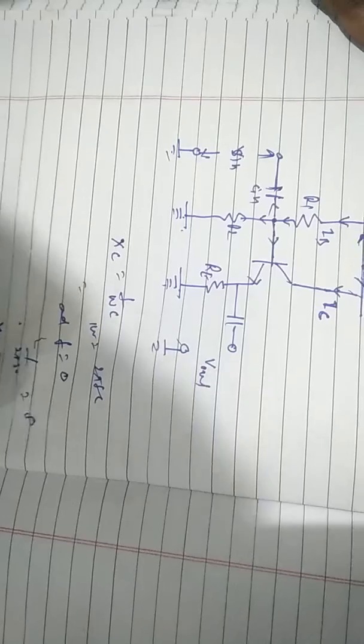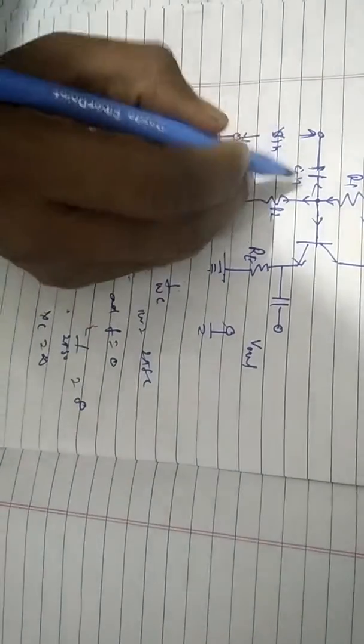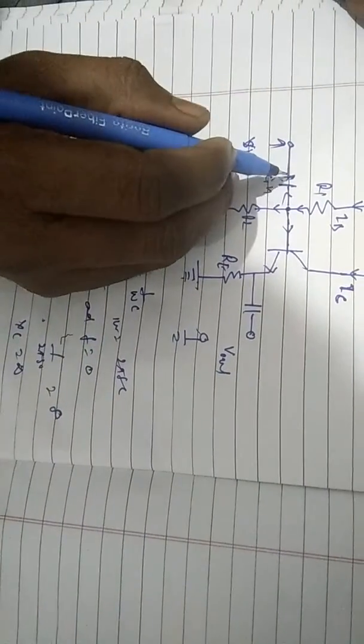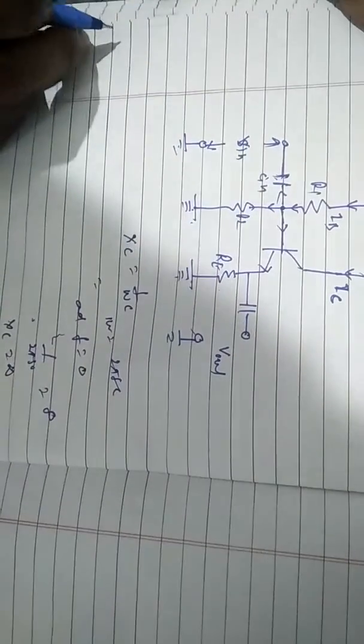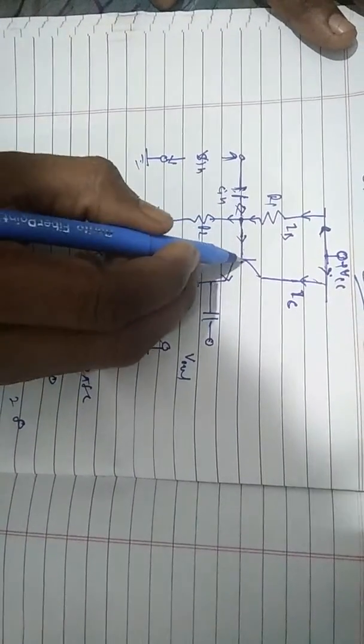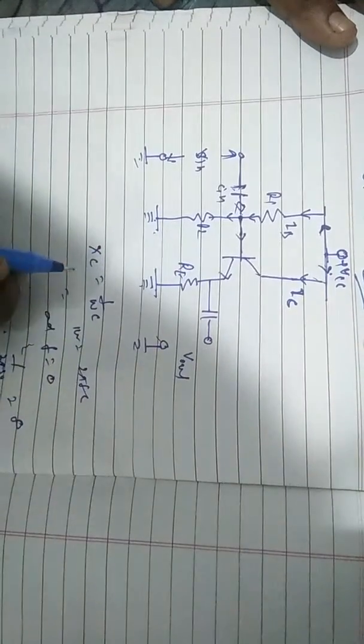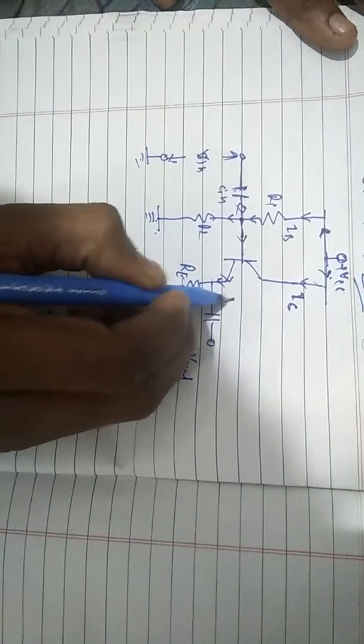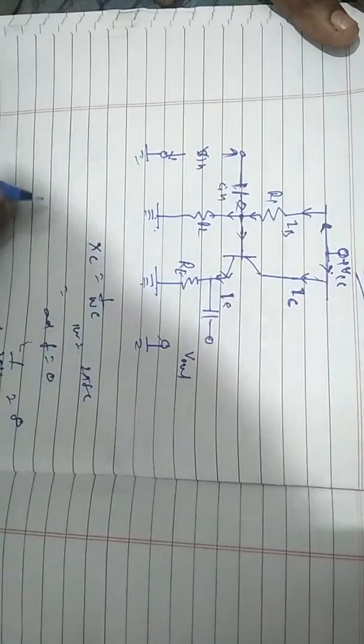That means xc is equal to infinite. So here xc works as an open circuit, so current will not flow in this direction. Now signal will go and meet with DC and go in the transistor, and here emitter current flows.